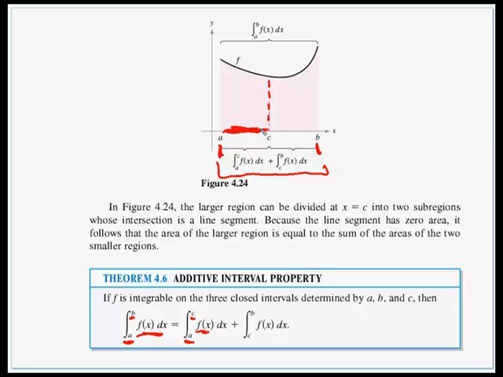That's the first piece. And then we add to that, here we left off at c. This integral picks up at c, the integral from c to b, where we finish off our region under the curve, from c to b of f of x dx. This is just saying if we take the two small pieces and add them together, we get the big one. And that's it.